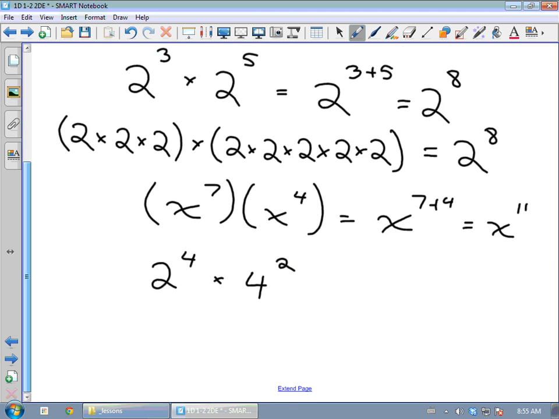So something like this, we can't evaluate using this rule because here we've got a base of 2. Here we've got a base of 4. So we can't use this rule. What we could do here is punch this into our calculator, figure out what 2 to the power of 4 is, figure out what 4 to the power of 2 is, and then multiply those numbers together. But we can't use that rule unless they have the same base.